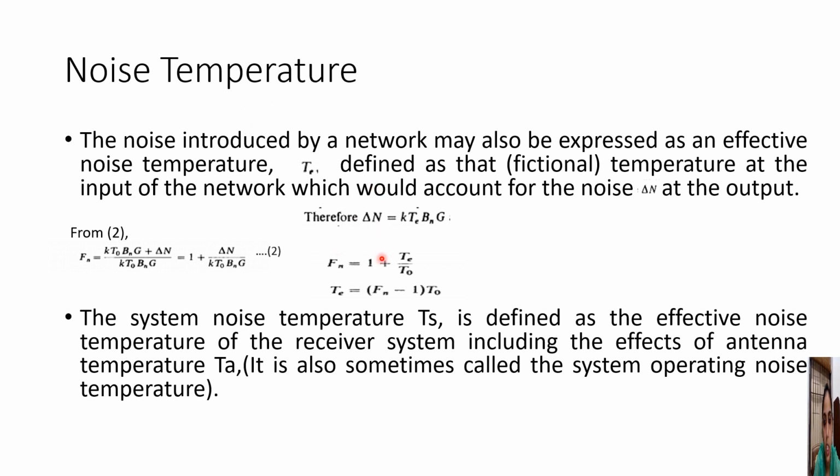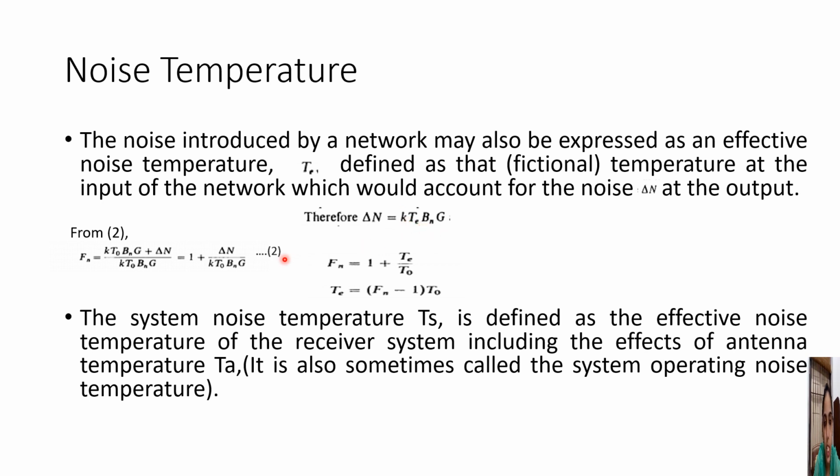Now this is a term which is associated with the noise temperature. The effective noise temperature is the additional fictitious temperature at the input which would account for the noise delta n at the output. So delta n we can write in terms of the effective noise temperature as K Te Bn G.